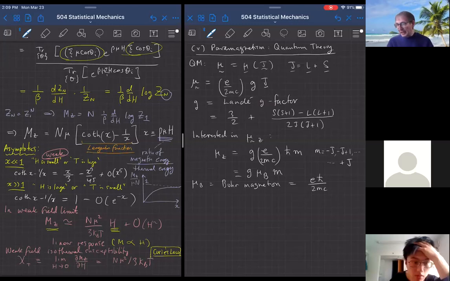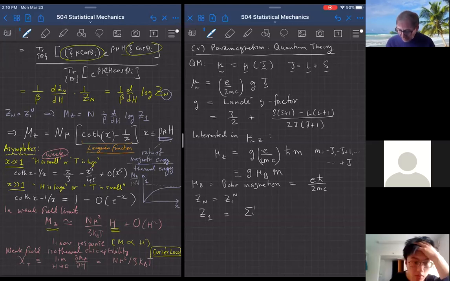So that's the setup. Now we have to compute the partition function, and just as in classical stat mech, the partition function is going to factorize into a product of the partition functions for one spin. So all we have to do is compute the partition function for one spin, which is the sum over the states.